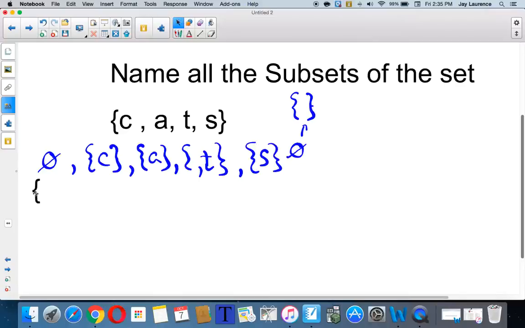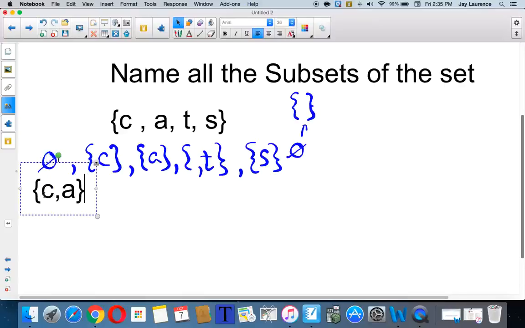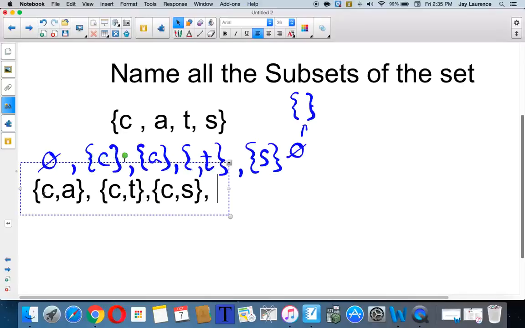So now that I've done all the subsets with one member, I'm going to do the subsets with 2 members, and I will go C, A, and then I'll go C, T, and then I'll go C, S, right? And you see how I'm staying in order?